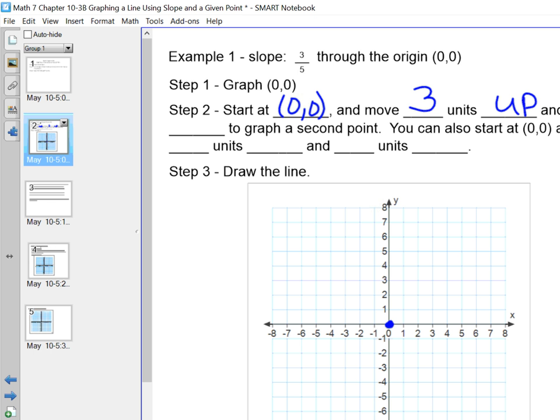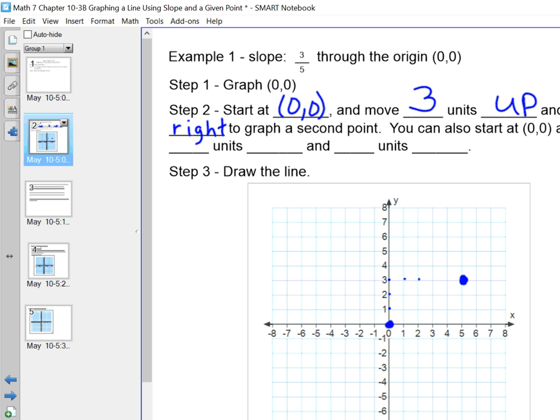And then we're going to move 5 units to our right. That will be the x part. So we're going to start at 0, 0. We're going to count 1, 2, 3. That's our 3 units up. 1, 2, 3, 4, 5. And we'll make a bigger dot there so we don't get confused.